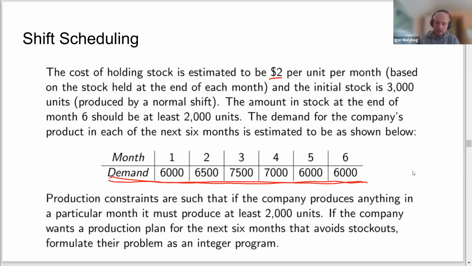And the initial stock is 3,000. So 3,000 is something that we have in month 0, and then we can choose to use it in month 1, or we can choose to store it for a month, and then we would incur the cost of the loss of $2 per each item.